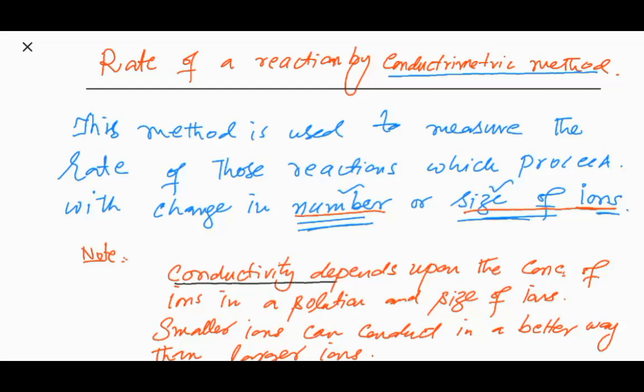Basically, conductivity depends upon the concentration of ions and the size of ions. Smaller ions can conduct in a better way than larger ions because smaller ions can move faster. So that is the basic idea behind this method.